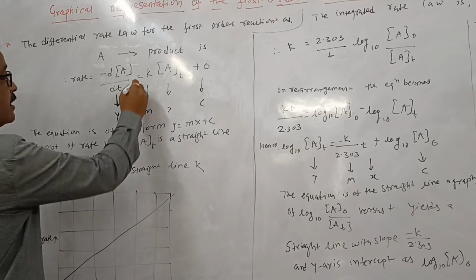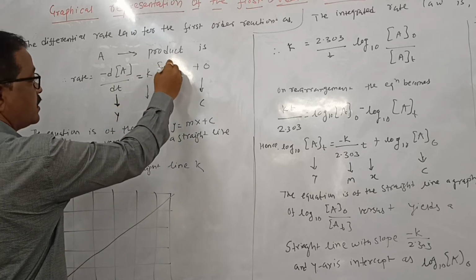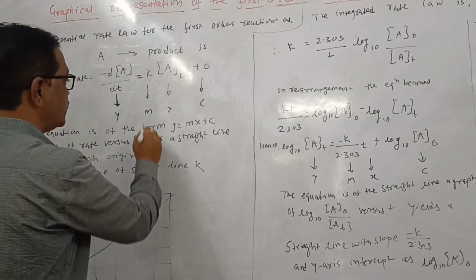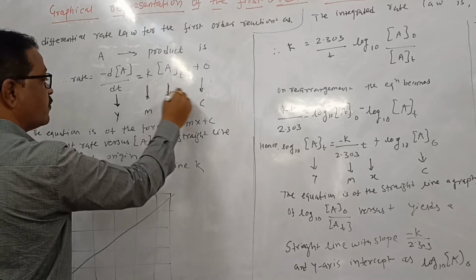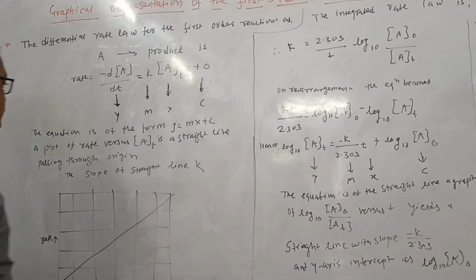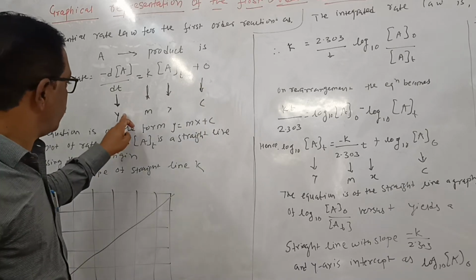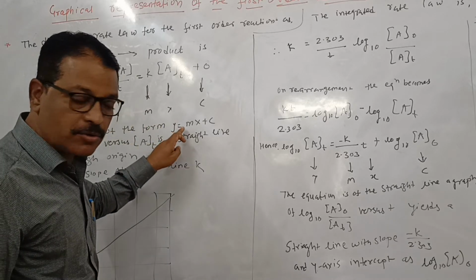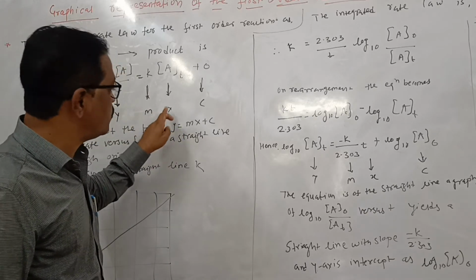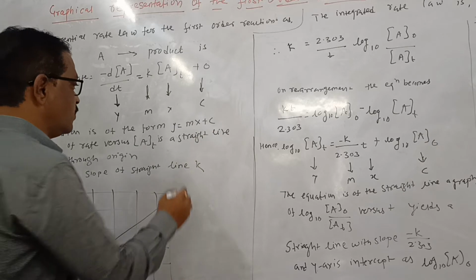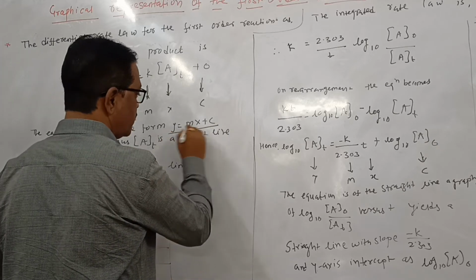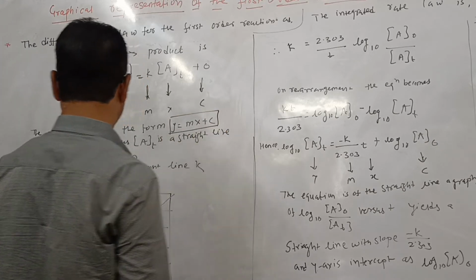This is the y, k concentration A at time t is m, x and c. The equation is of the form y is equal to mx plus c.